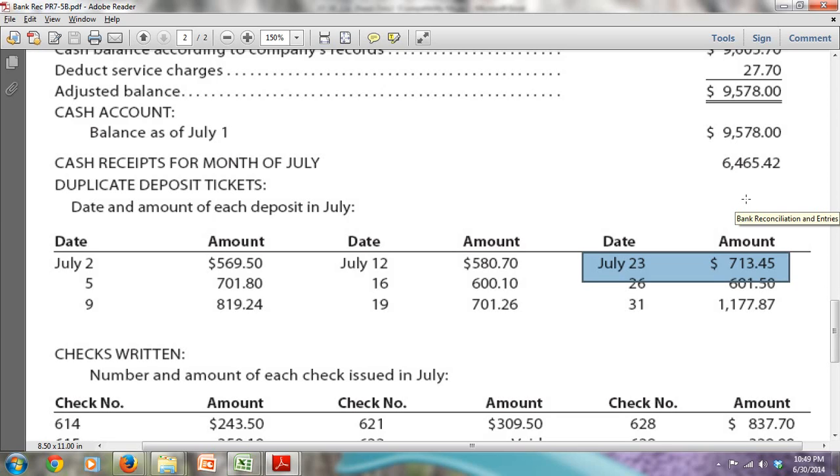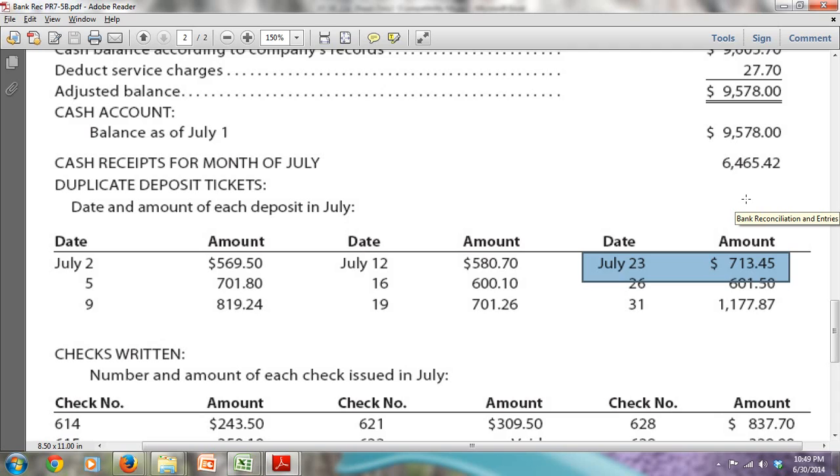So in the bank, 731 is being recorded as going in. In our deposit register, only 713. So the correct addition is higher. We've recorded too little as going in, so the difference is still going to be added.